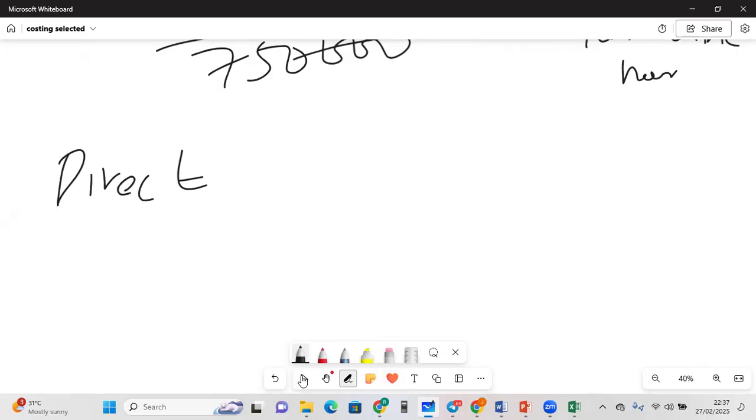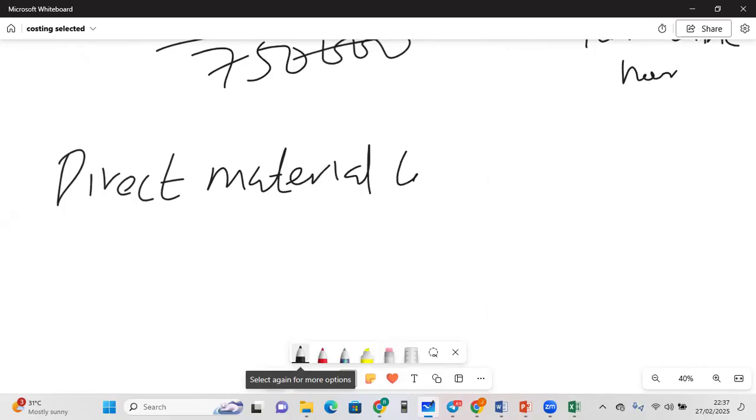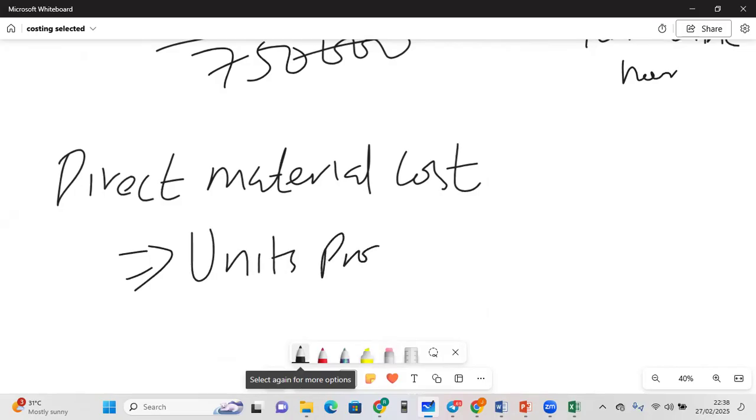direct material cost equal to units produced times cost per unit.